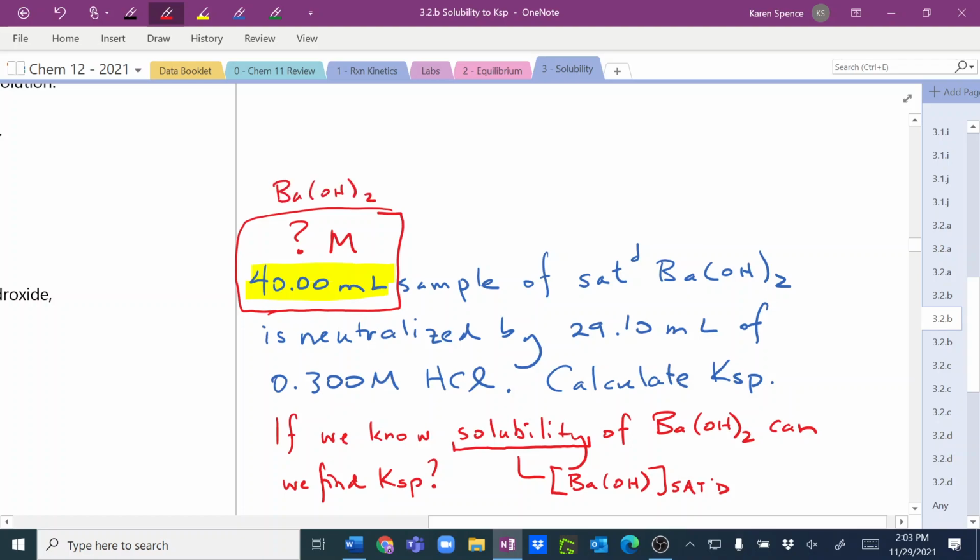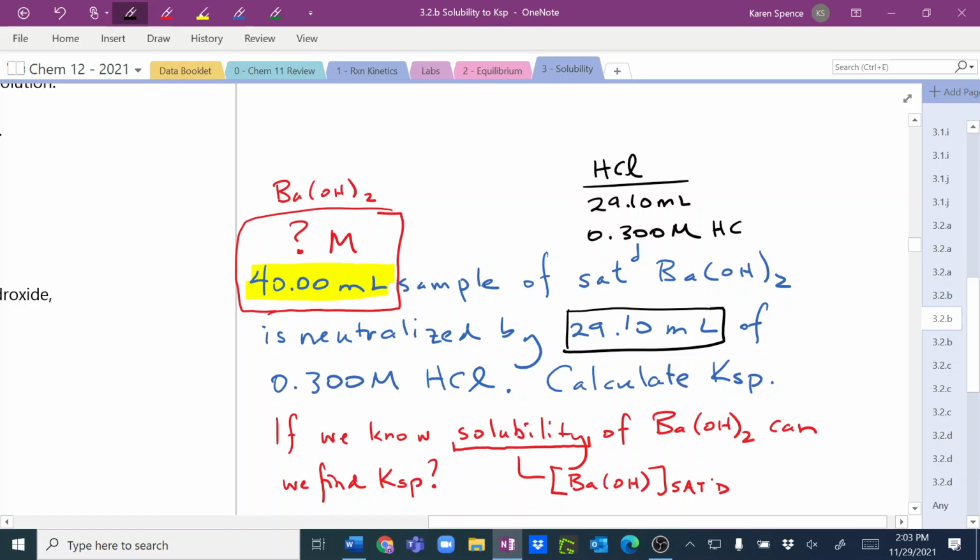I have some other information about the HCl. I know that for HCl, we have 29.10 milliliters, and we know that it is 0.300 molar HCl.